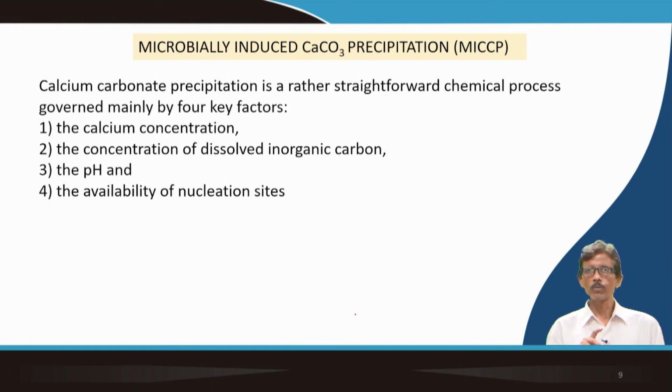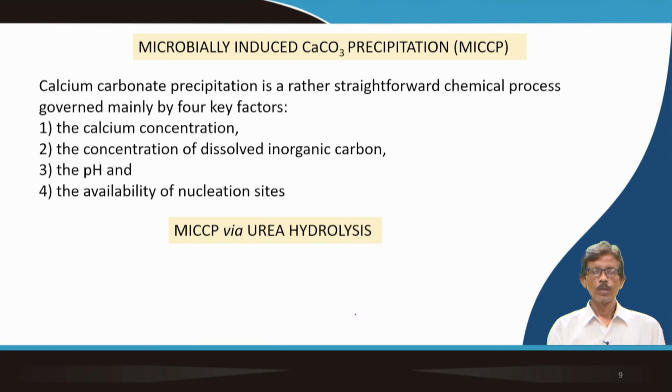Third, pH is also important, whether you are getting the acidic or the basic form. Fourth, the availability of nucleation sites. Sometimes we know that crystallization is triggered or enhanced if you have some nucleus there. So, we consider an external seed: you put the seed, and around or over the seed you get a bigger amount of those crystals.